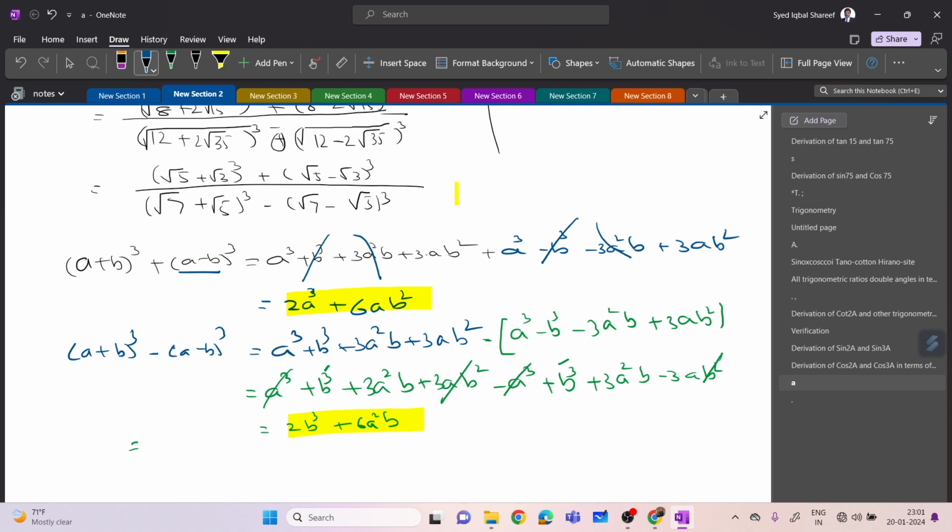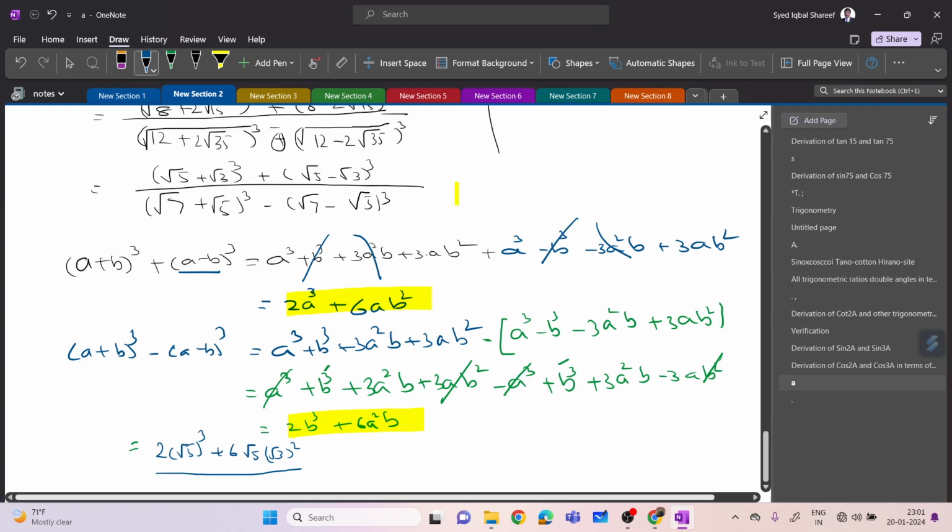A plus b whole cube plus a minus b whole cube is 2a cube. A is the first, 2a cube. What is a? Root 5. 2a cube plus 6, a is root 5 and b is root 3 square, divided by the denominator.